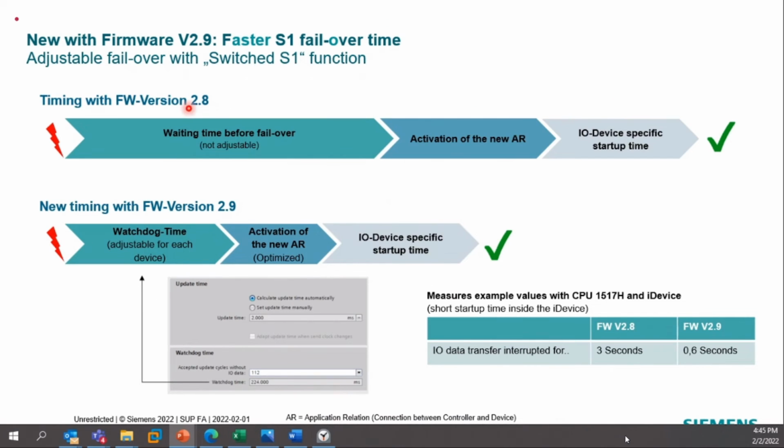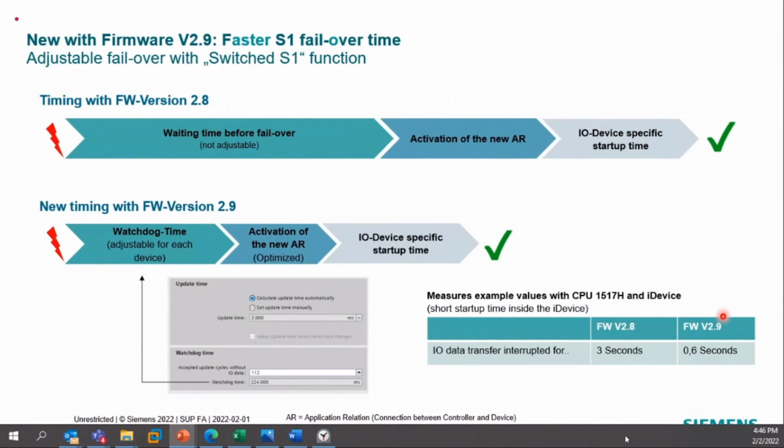Previously, for S1 devices with firmware version 2.8, the watchdog timing and failsafe behavior were not adjustable, followed by activation of the new connection and IO device startup. But firmware version 2.9 was tested in a particular scenario.